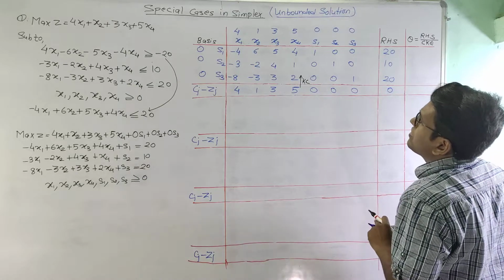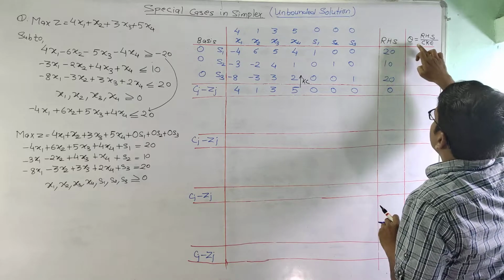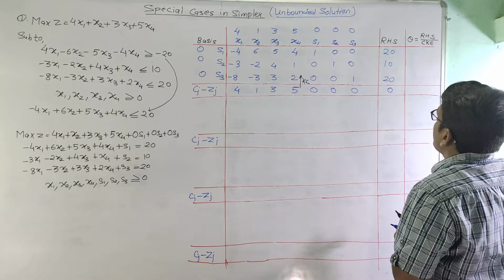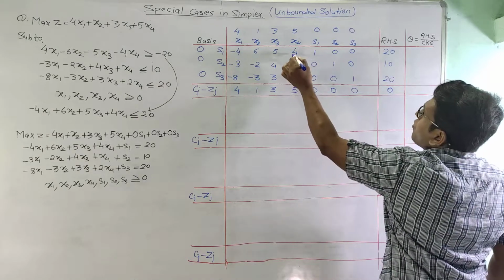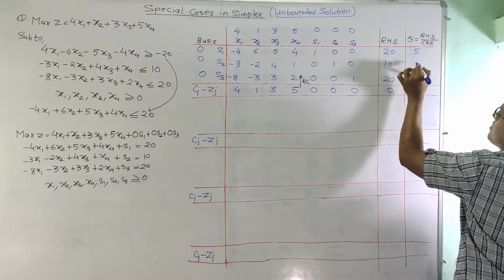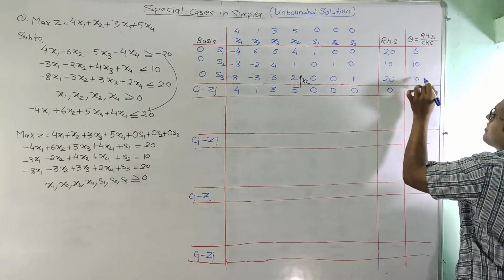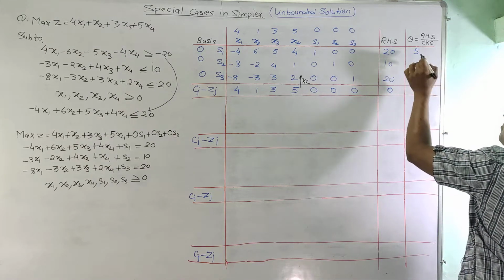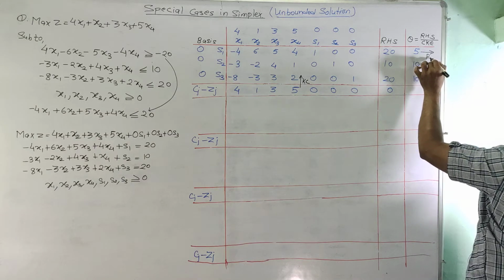Now, to find out the leaving variable, we need to calculate theta, which is the right hand side value divided by the corresponding key column element. So here we can see 20 divided by 4 is 5, 10 divided by 1 is 10, 20 divided by 2 is 10. So we need to select the minimum positive value here. 5 is the minimum positive value available, and this will be our pivot row.